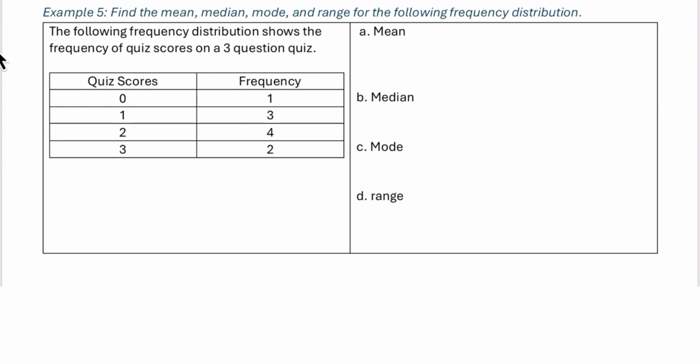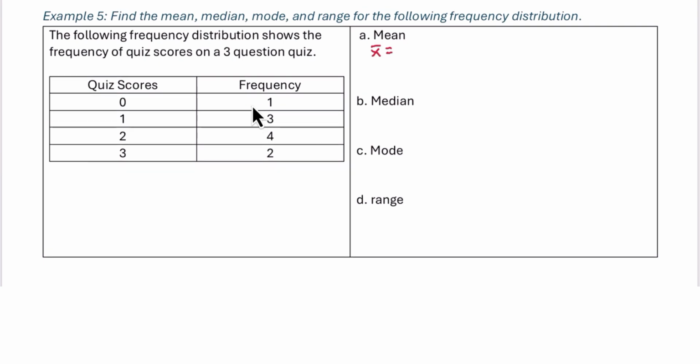In example 5, we're given the frequency distribution that shows the frequency of quiz scores on a 3-question quiz. So here we have the possible scores 0, 1, 2, or 3, and the frequency at which those scores occurred. Let's find the mean. We start by adding the data values.